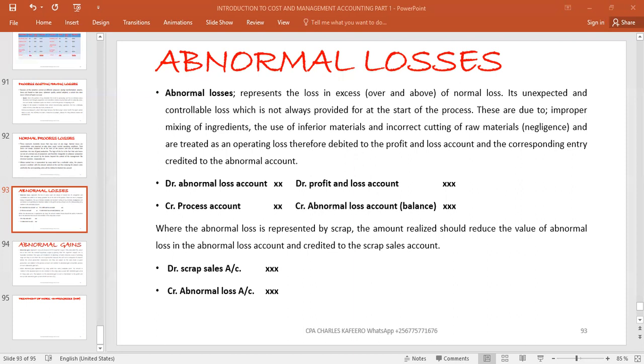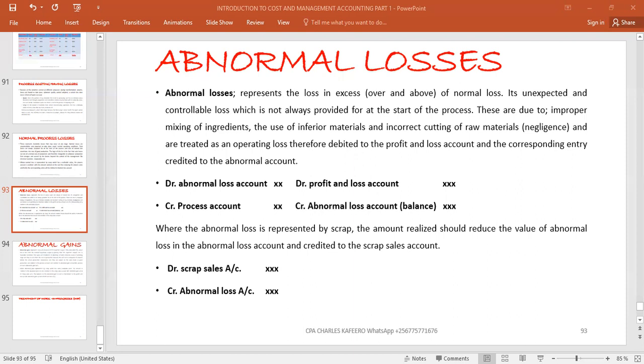That 1,000 will be our normal loss. When we compute the expected output, it will be the 10,000 input minus the 1,000 normal loss, which gives us 9,000 as our expected output.